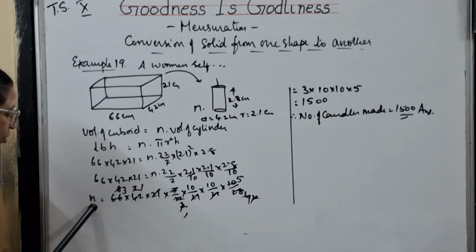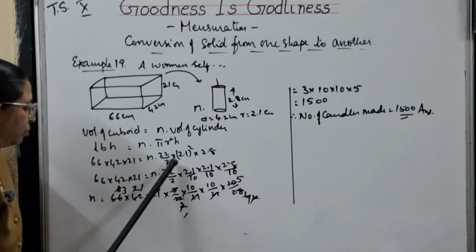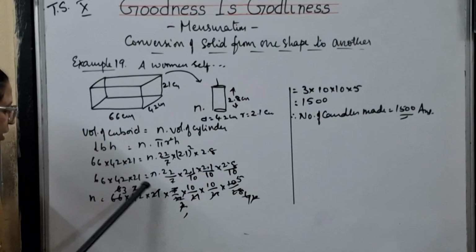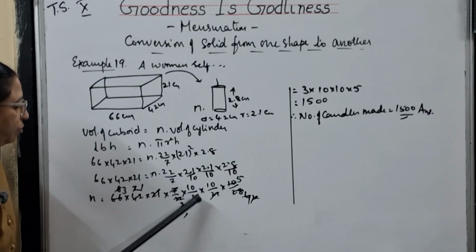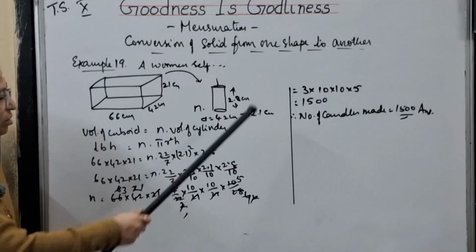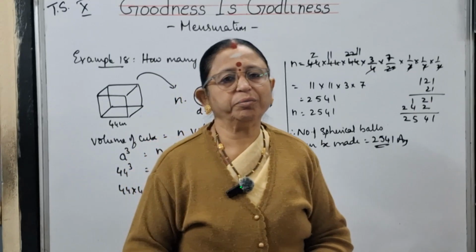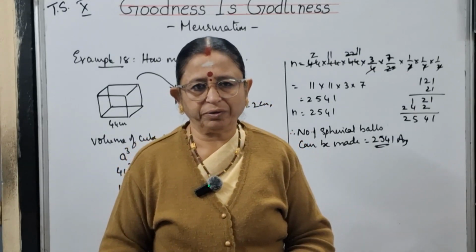So what is it? I want n, so all these things should come to the left side. When they come to the left side, this as it is we will write, and reciprocals of it we have to write. And on cancellation, I have got 1500, children. I hope I am clear. Please note it down. With this I am going to conclude my topic today. In the next class, I will be doing the next part.